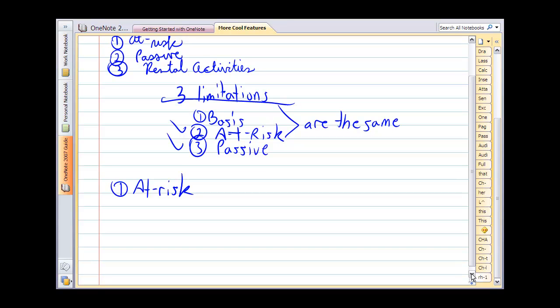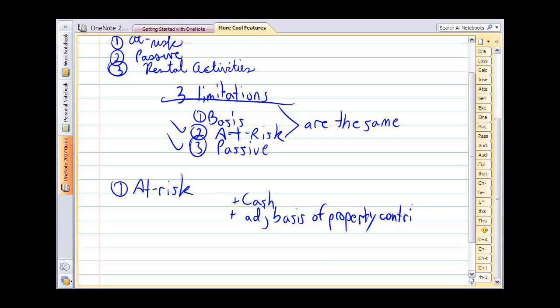So here we go. You're going to put money into a business as an investment. So how do you determine how much you have at risk in that investment? Well, you have however much cash you put in, so cash contributed, plus the adjusted basis of property, so that's contributed property.